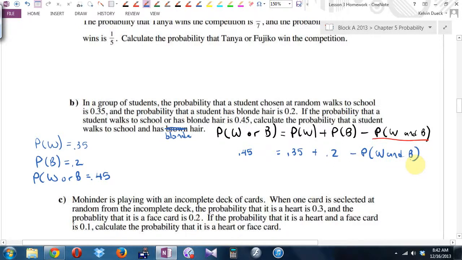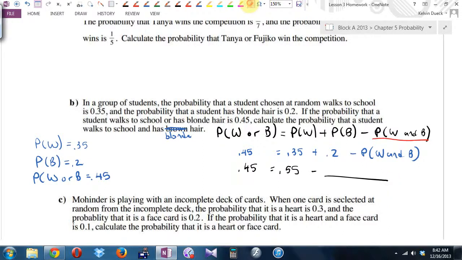I guess it's going to be 0.45 equals, I can add this in my head, 0.55 minus and. I did. 0.35 plus 0.2 is 0.55. Is it not? Right?